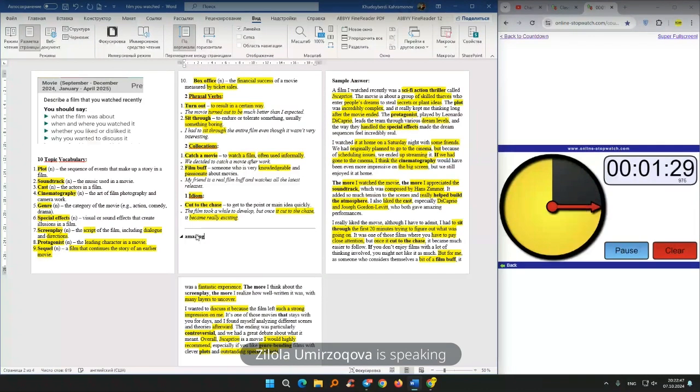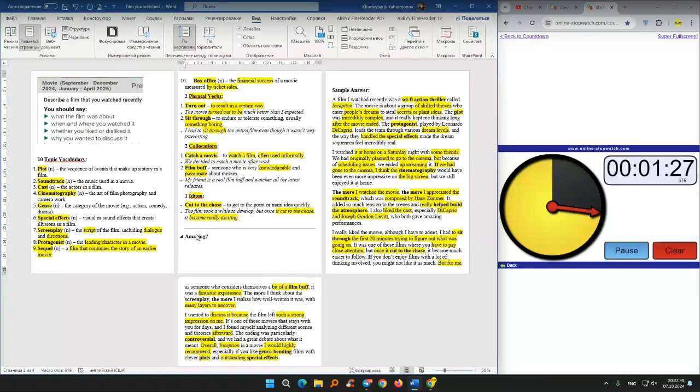I streamed it with friends at home, and while it would have looked better in a cinema, we still enjoyed it. Hans Zimmer's soundtrack really added tension, and DiCaprio and Joseph Gordon-Levitt gave standout performances.